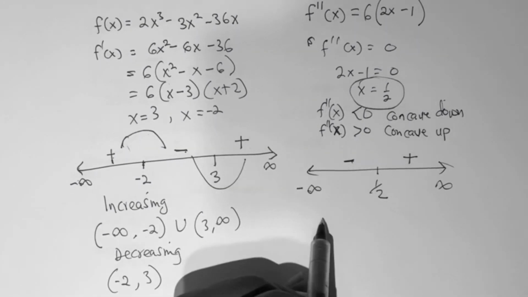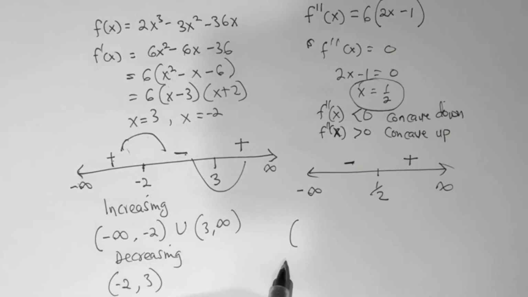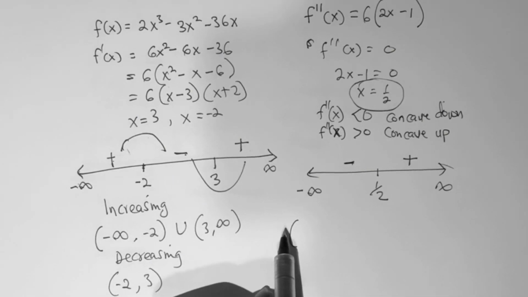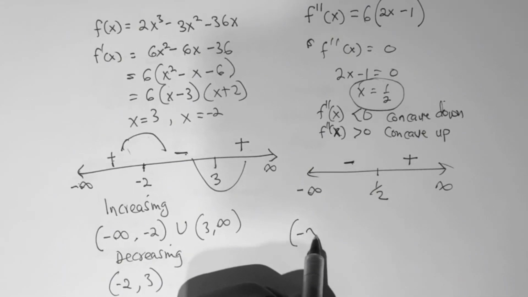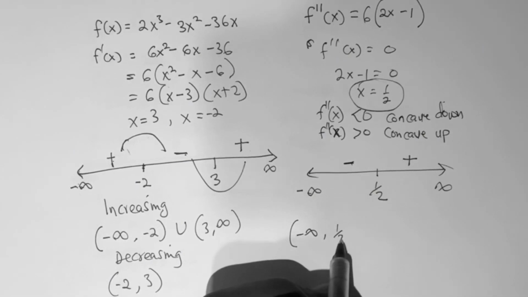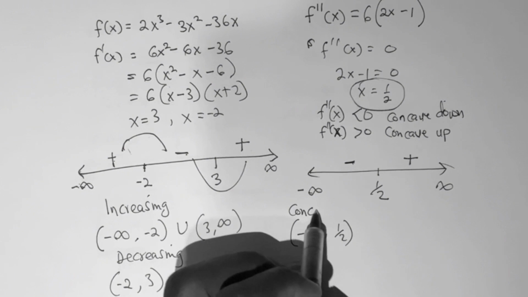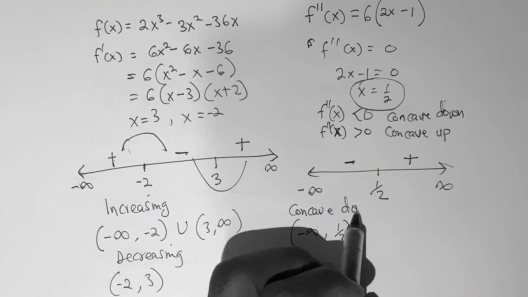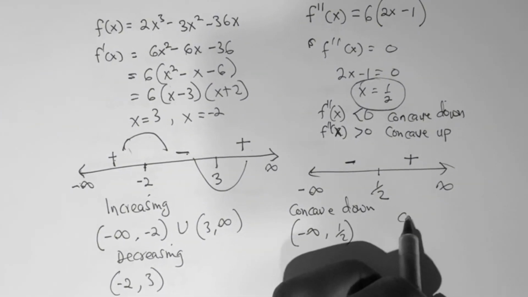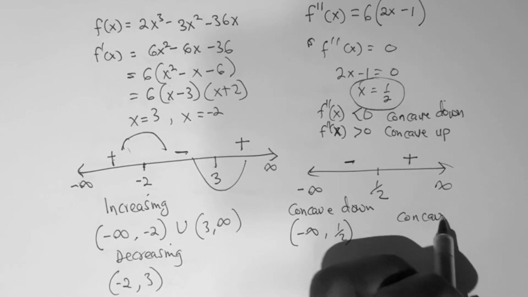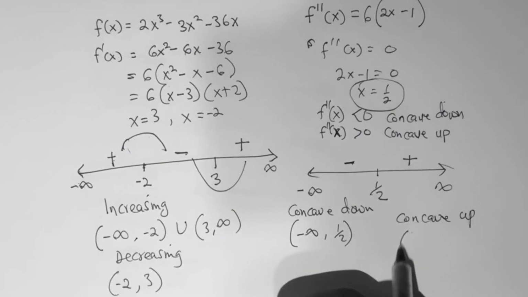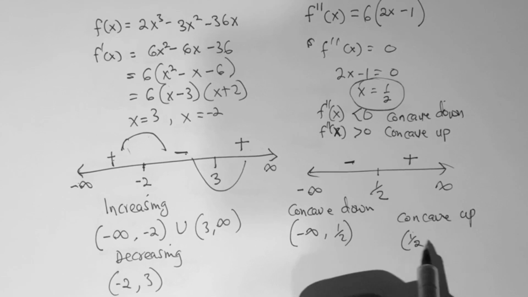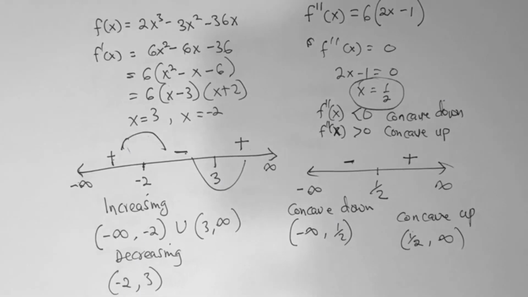So now, in what interval is this function concave down? We are talking about minus infinity and then 1/2. So this is concave down. Then concave up. It is concave up in the interval 1/2 and then infinity.